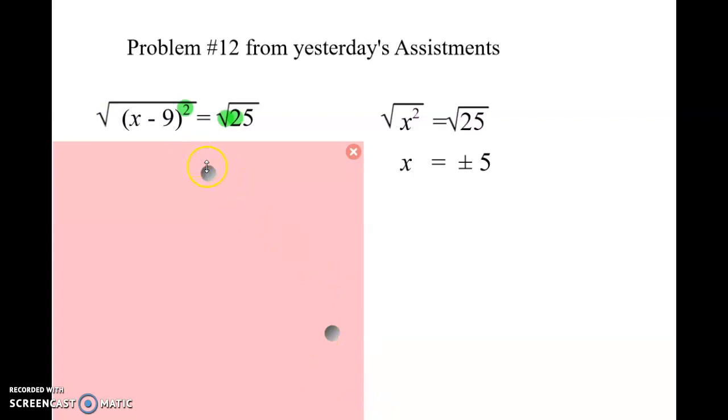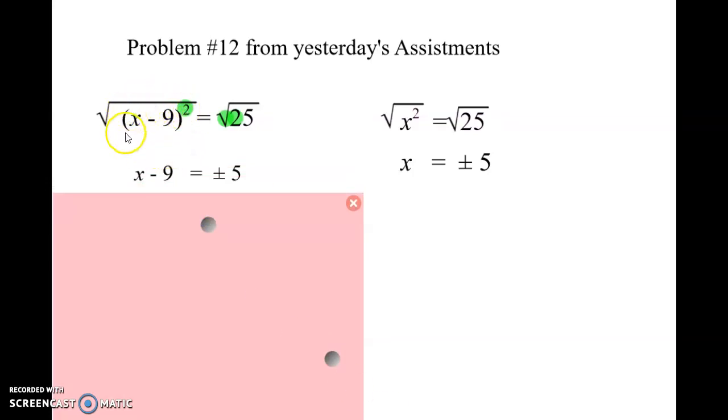The square root of 25 is plus or minus 5, just like we said before. And then the square root of this is x minus 9. Just pretend that that's an x squared, and we're going to take that and just write x minus 9. So now because it's a quadratic, it's going to have two answers.